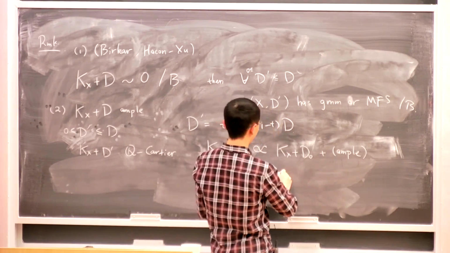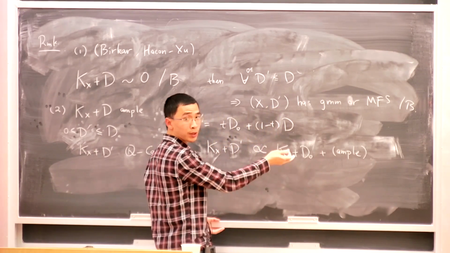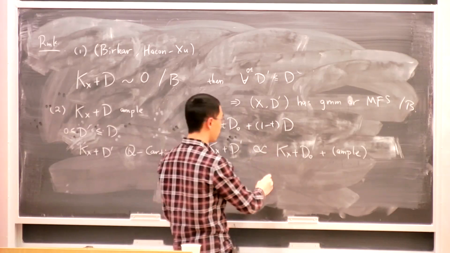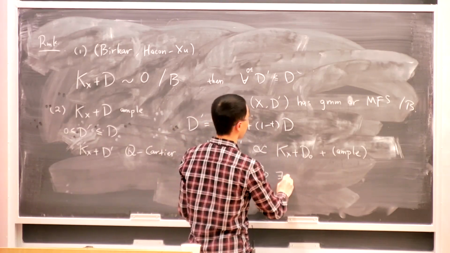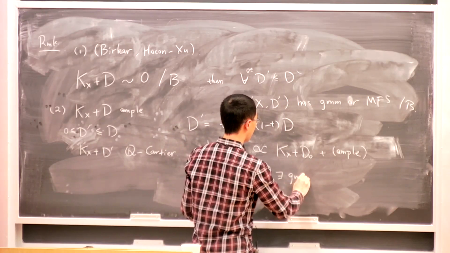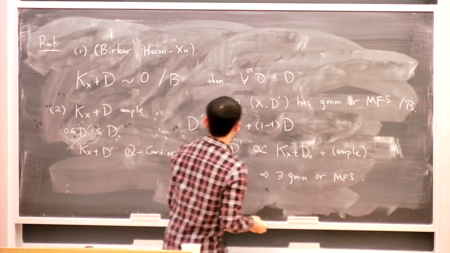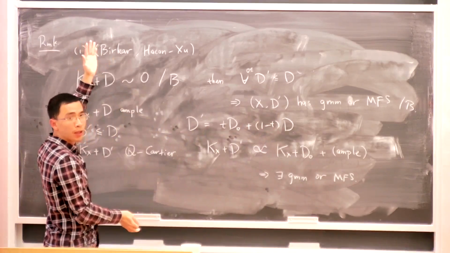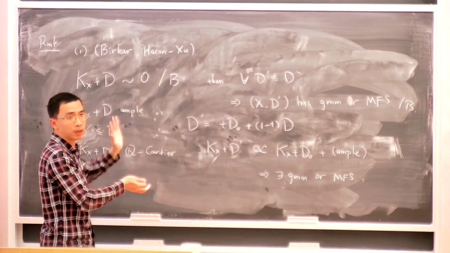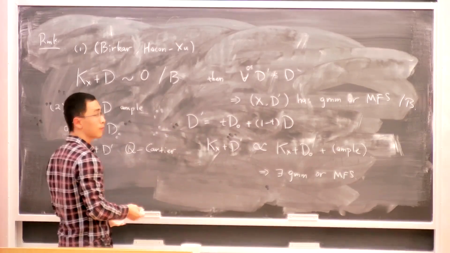Because of this, we already know MMP with scaling would work for a log canonical pair. So again, this tells you the existence of a good minimal model or Mori fiber space. These are basically two extremes, and in the middle you have to interpolate them, but that's roughly how it works.